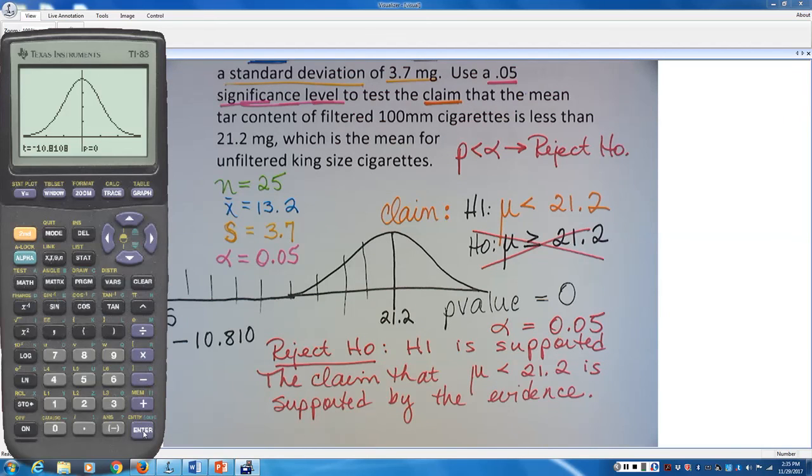Now the question at the bottom of the page says, what do the results suggest about the effectiveness of the filters? Because remember, this was a filtered cigarette. Are the filters effective in filtering out the tar? Yes, very effective.